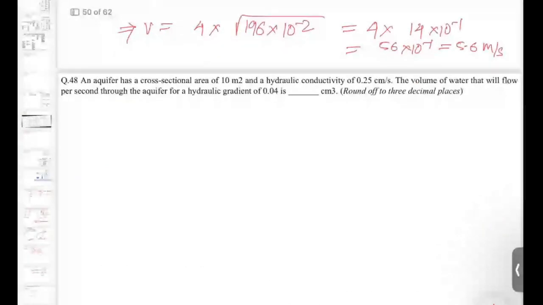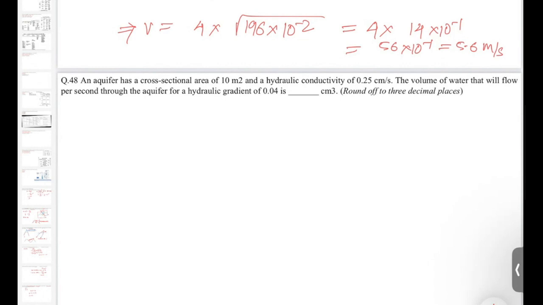The next question is asking that an aquifer has a cross-sectional area of 10 meter square and a hydraulic conductivity of 0.25 centimeter per second. You just have to note down the units. That is important. The volume of water that will flow per second through the aquifer for a hydraulic gradient of 0.04 is how much in the unit of cubic centimeter?